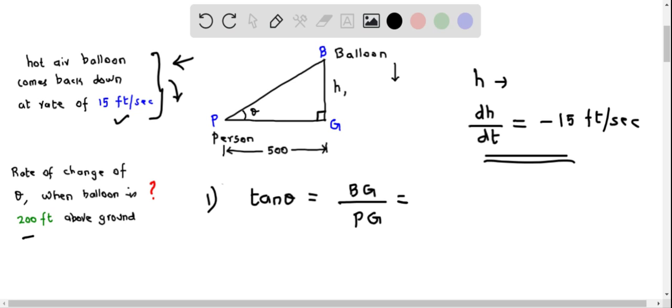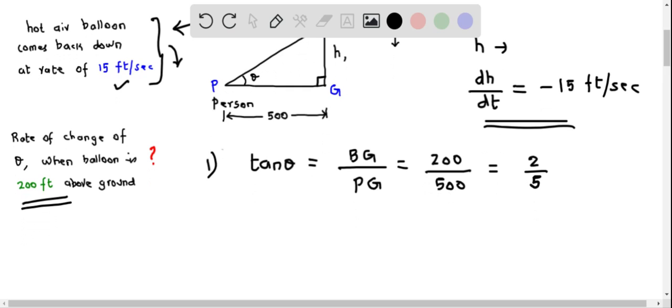At this time, the balloon is 200 feet above the ground, so I substitute 200 for BG, and for PG, the person is at a distance of 500 feet. This simplifies to 2/5. So when the balloon is at 200 feet above the ground, we found that tan theta equals 2 by 5.